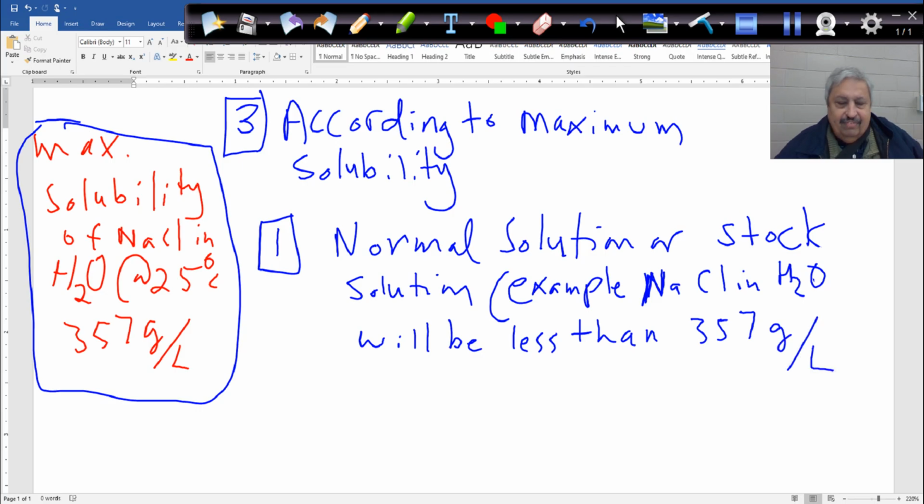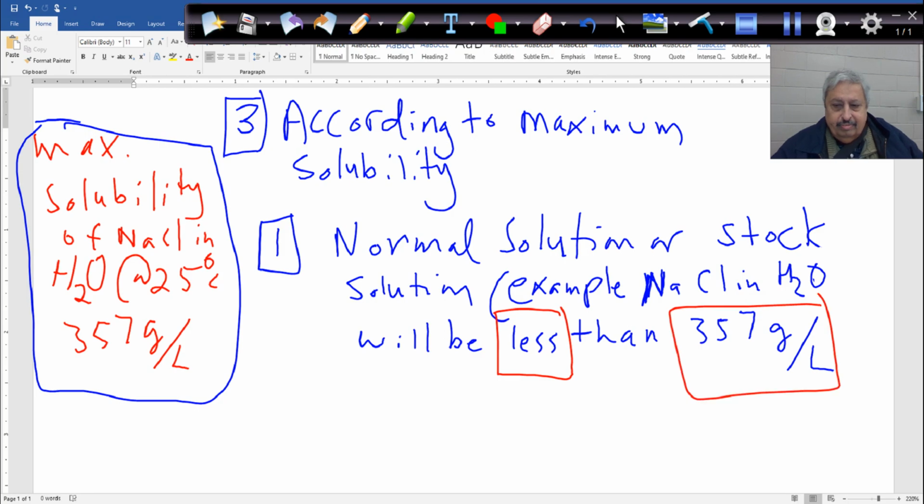If I have less, this is the key, guys. This is the word: less. This is the maximum solubility.